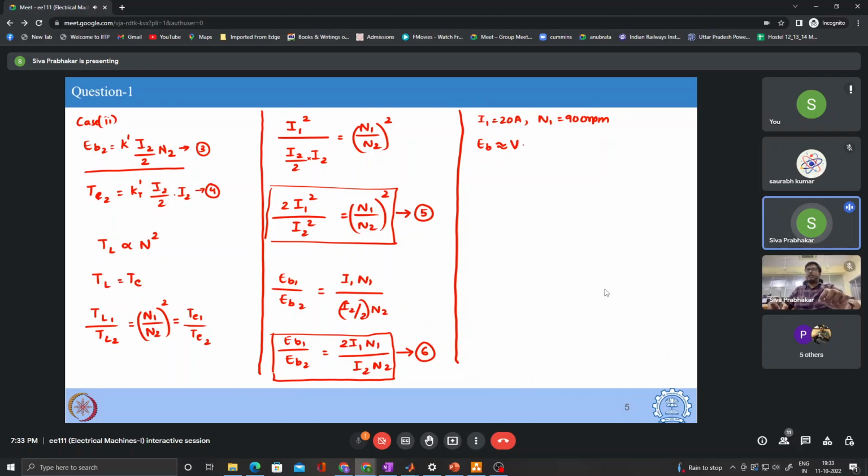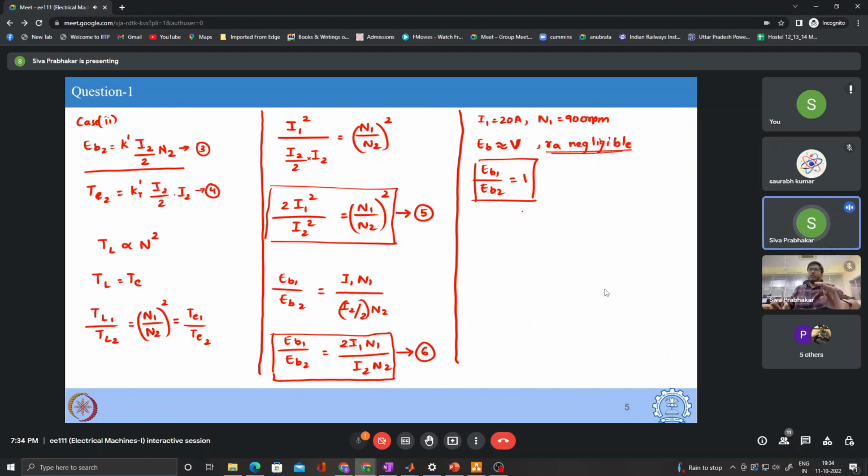So we can approximate it to be the same value. So EB1 by EB2 now will become 1, assuming RA negligible. So this is the important assumption we are making. So EB1 by EB2 will become 1.